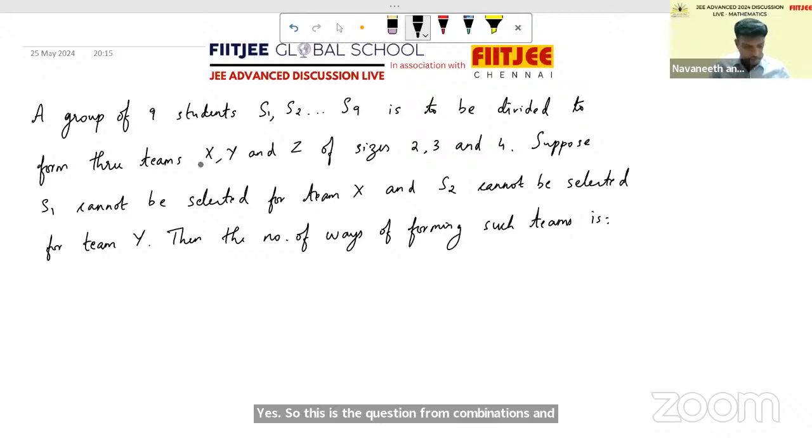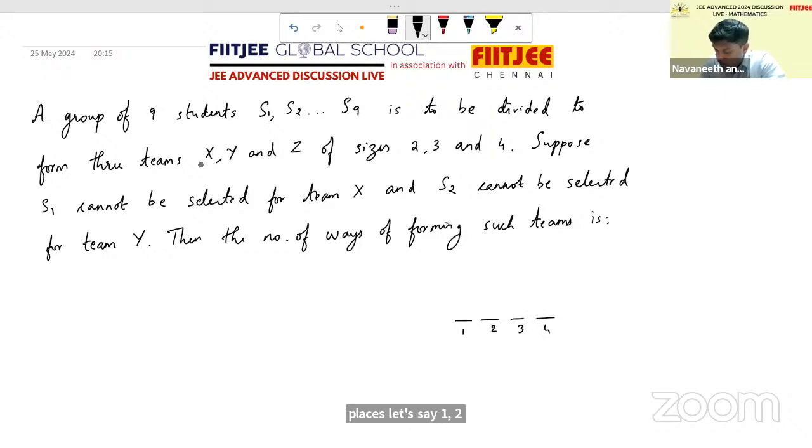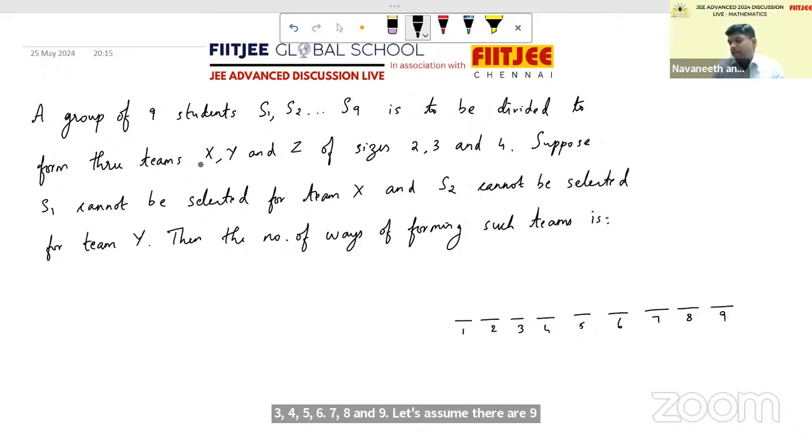It's a very good question. So how to solve this: I'll assume 9 places, let's say 1, 2, 3, 4, 5, 6, 7, 8, and 9. Let's assume there are 9 different places, and these 9 places obviously mean the 9 students.